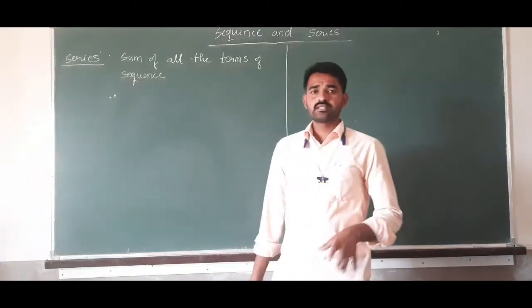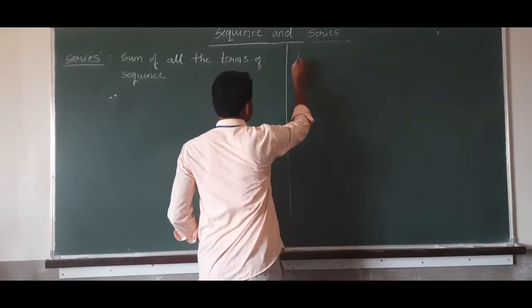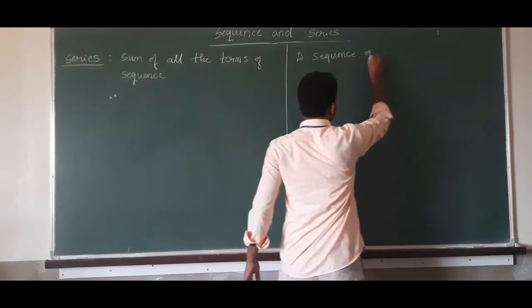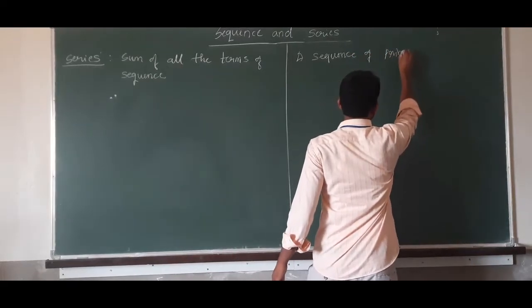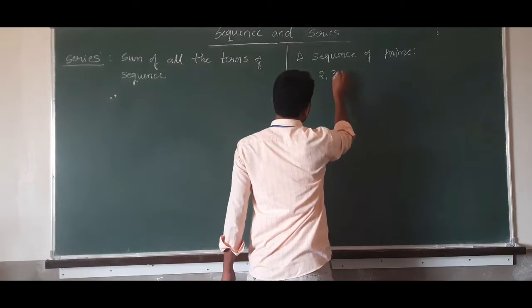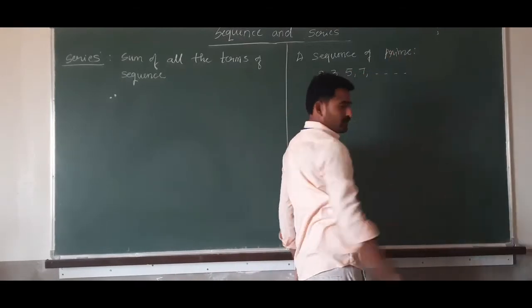Okay. A sequence of primes. The sequence of primes is 2, 3, 5, 7 and so on.